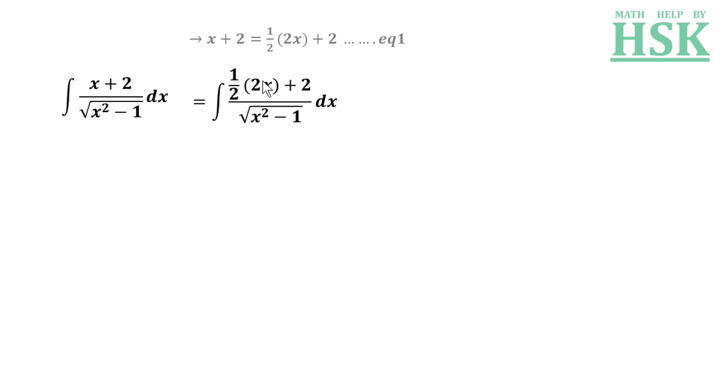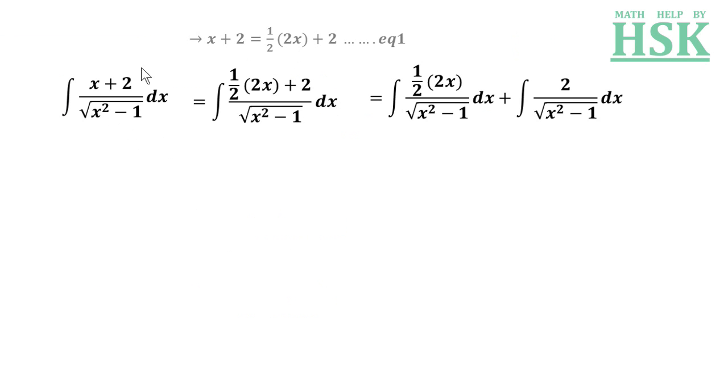On dividing the terms separately by these two terms in the numerator, I'm going to get the integral as equal to 1 by 2 times the integral of 2x upon square root of x square minus 1 dx plus the integral of 2 upon square root of x square minus 1 dx. Okay, now we assume that this integral is equal to I1, and this is equal to I2. We are going to solve them separately, because this first one would be solved by the substitution method. This, you can see, is a direct formula.